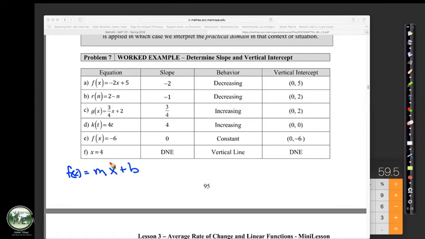What does the m stand for? It's the slope. It's what we were just finding, the average rate of change. We call it the slope when it's on a line, so that's exactly what we're doing. What is the value of b, what does that give us?